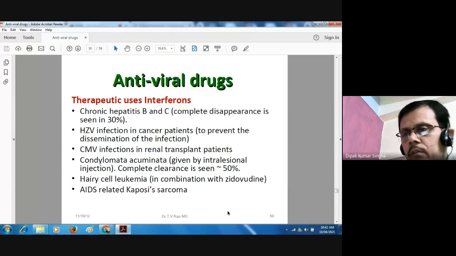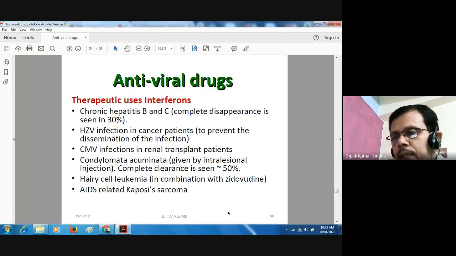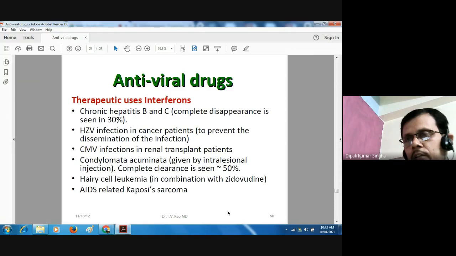Condylomata acuminata, which is given by intralesional injection, with complete clearance in less than 50%. And hairy cell leukemia, in combination with zidovudine, which is also a very useful antiviral drug, along with acyclovir in case of AIDS related Kaposi sarcoma. But in case of AIDS, zidovudine along with acyclovir is a very important drug, and also amantadine.